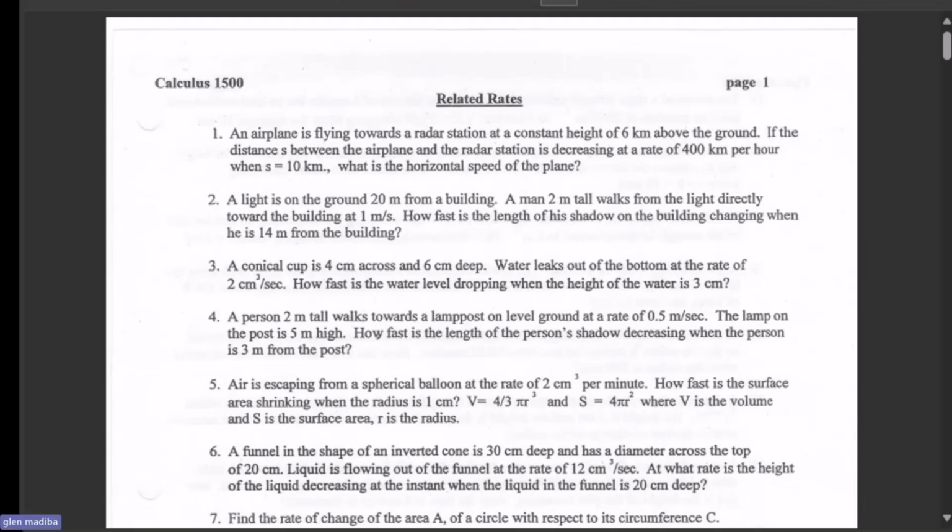Let's work this together, but from your side, okay? I need you to tell me what you know from this given information, and what it is that they need us to calculate.